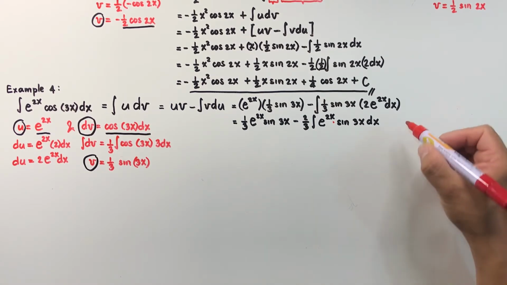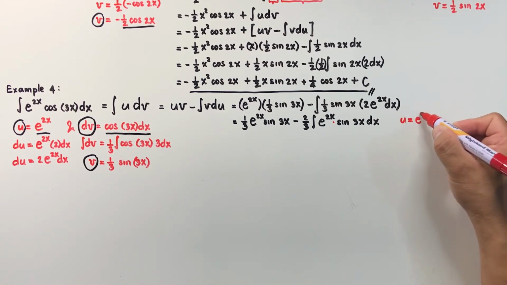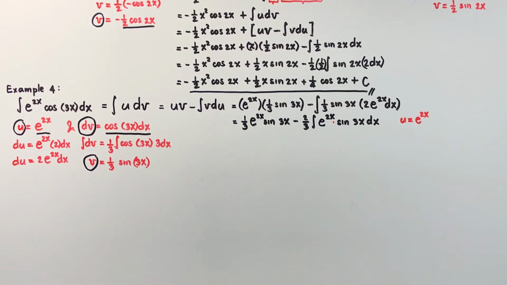So here we will represent u as e to the 2x, and the remaining part is our dv here. So dv is equal to sine 3x dx.